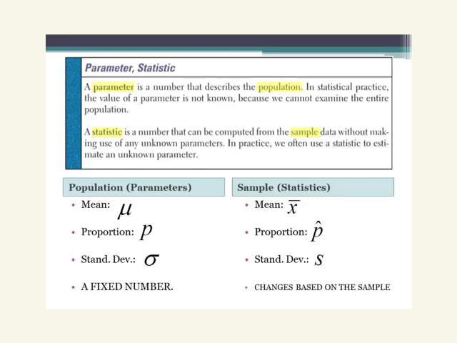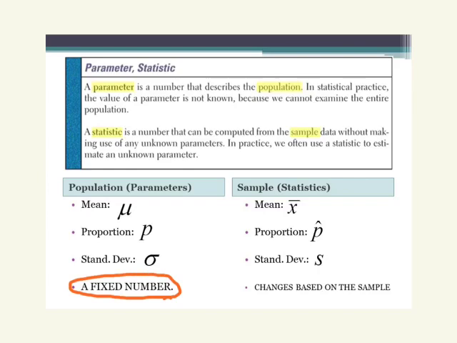A statistic, on the other hand, what we're going to deal with over the course of this class, is sample data. Again, statistics come from samples, and this is what we're going to use to estimate whatever our unknown parameter is. All right, so our sample mean value is x bar, our sample proportion value is p hat, and our sample standard deviation is the letter s. Now, it's important to know that a parameter is a fixed number.